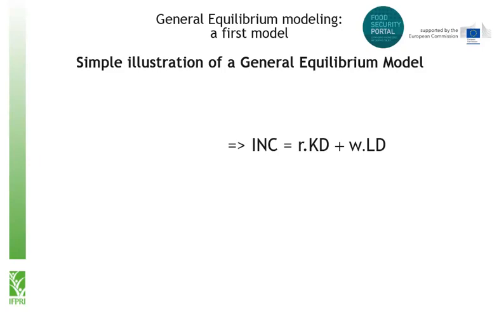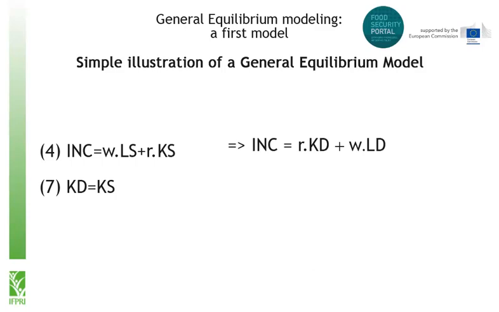And with this equation, in fact, you can now use equation 4 and equation 7. Equation 4 is INC equals W times LS plus R times KS. And equation 7 is KD equals KS. So if you use both equations, you can make some replacements in the equation that you've got earlier.